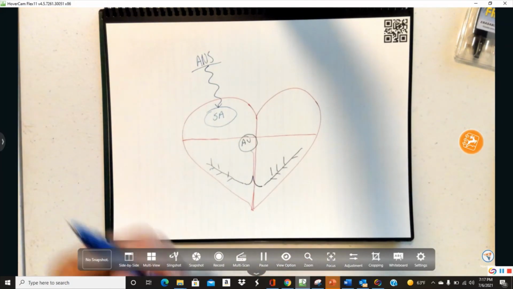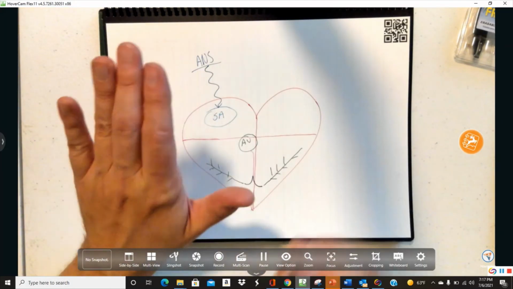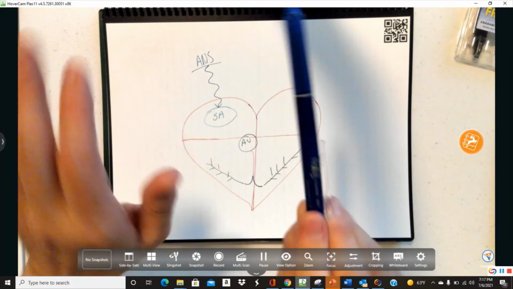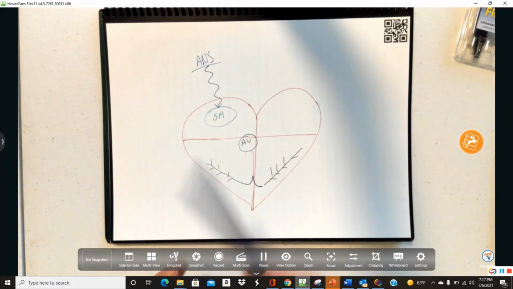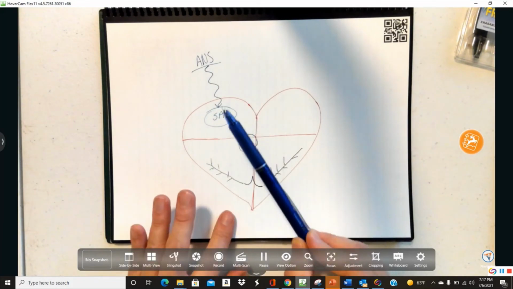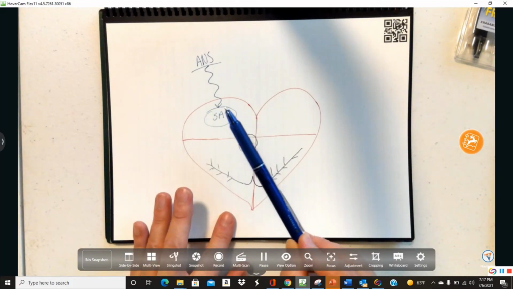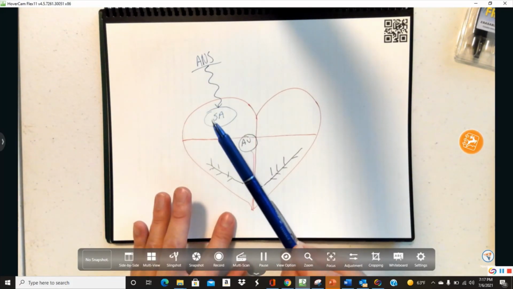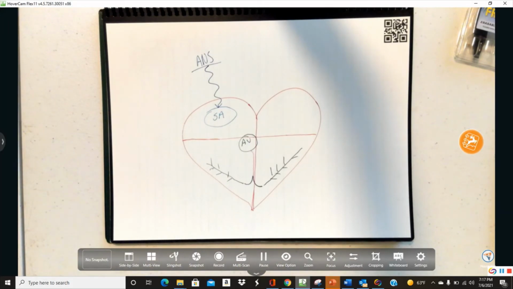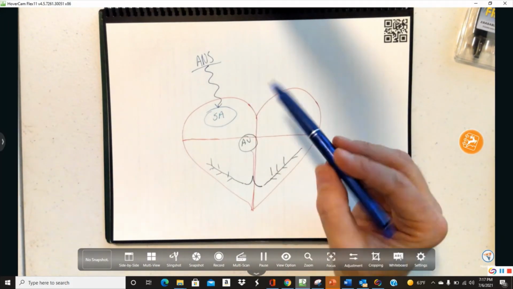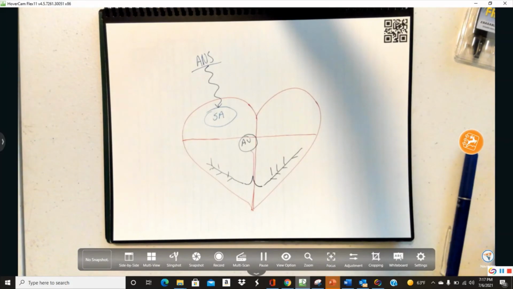So your maestro can speed it up, slow it down. As he's going through, we might have our lead cellist helping to set some things up. Now, for the SA node, the ANS gets this information.